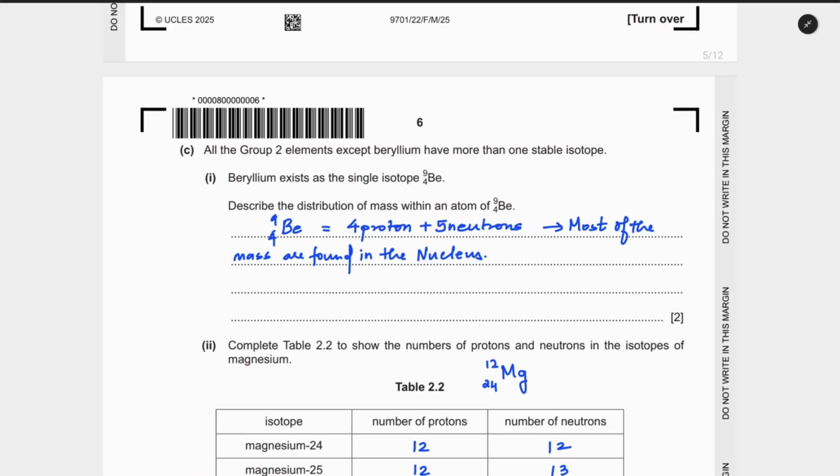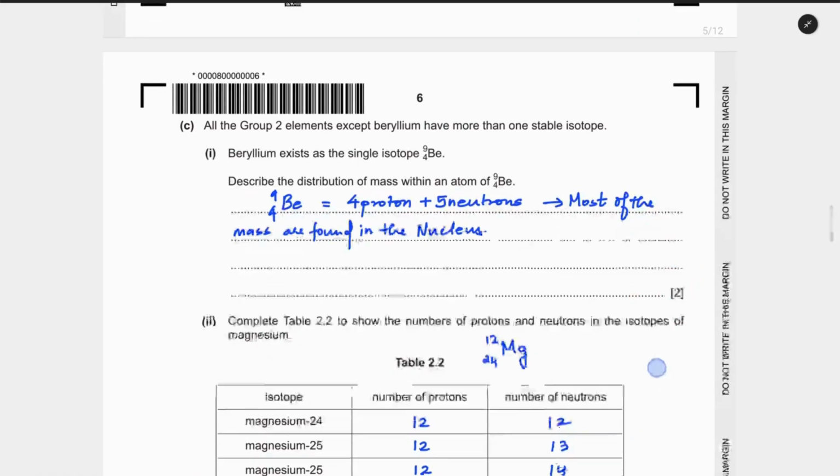Beryllium has 4 protons and 5 neutrons, which gives 9 as the mass number. Most of the mass is found in the nucleus, so the distribution of mass happens in the nucleus itself, and there you get 2 marks.